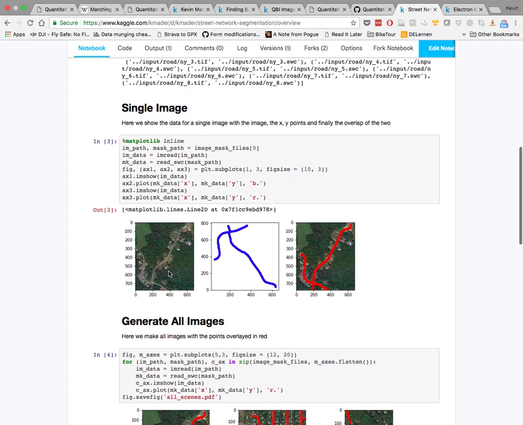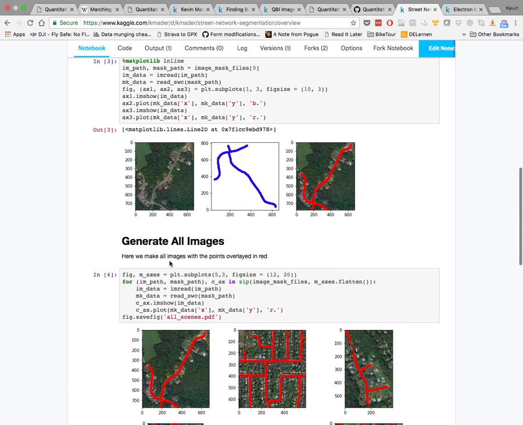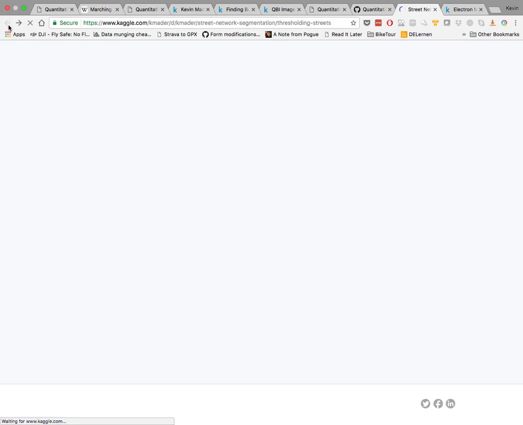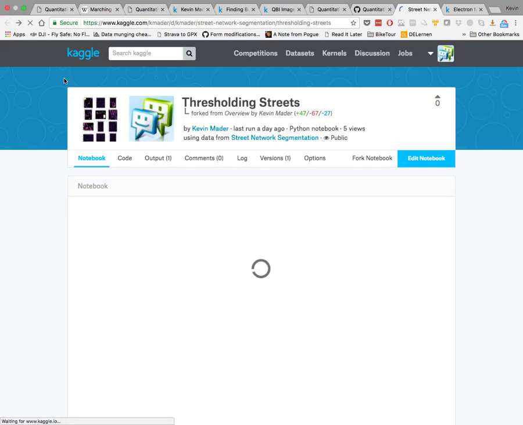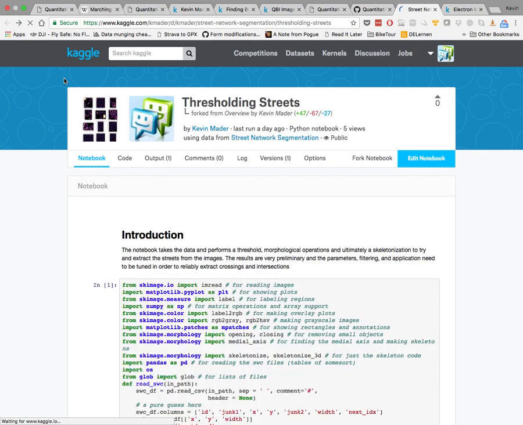And so what we have here is kind of this set of ground truth, so you know where the roads should be. And in the exercises, we want to automatically segment that and use some of these skeleton approaches for trying to find the roads automatically.